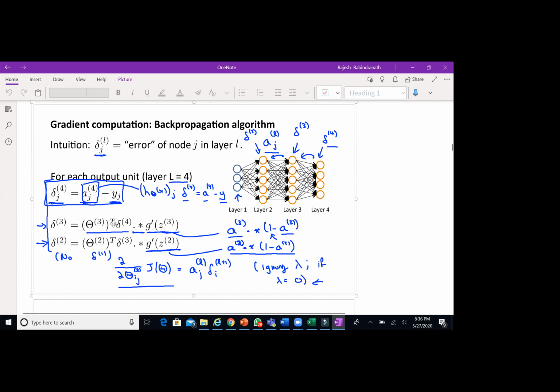So then what do you do? You take this theta 3 transpose, and then you take the value of this error in the fourth layer. Then this is a special symbol. Do you remember, anybody who studied in the matrix class?